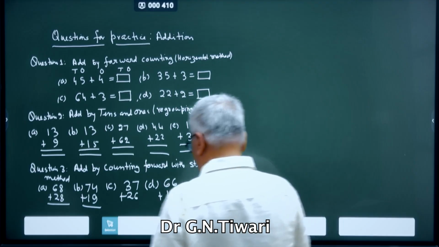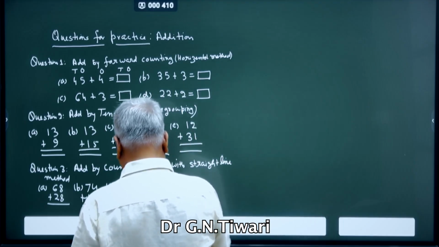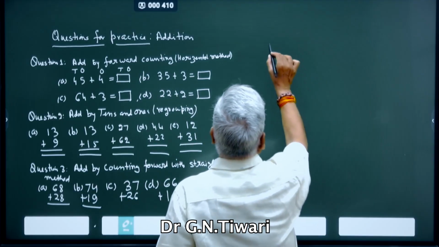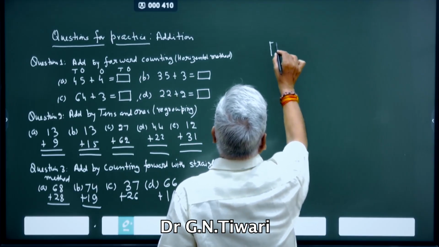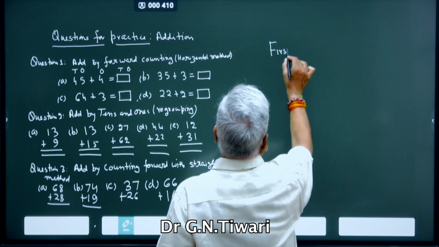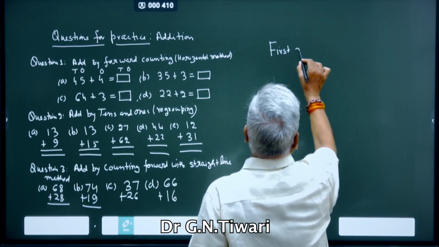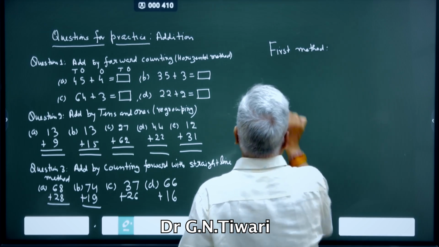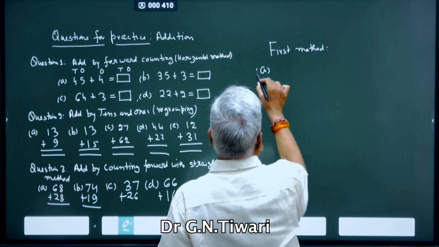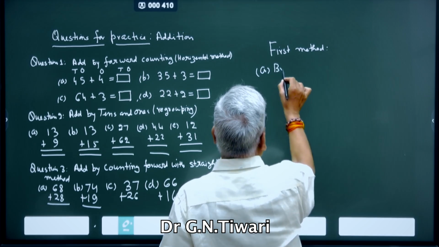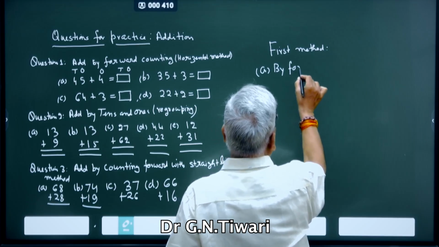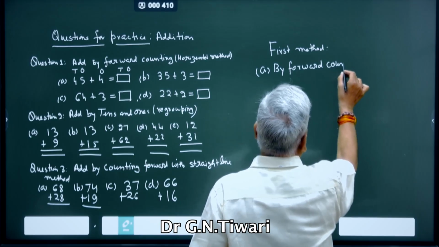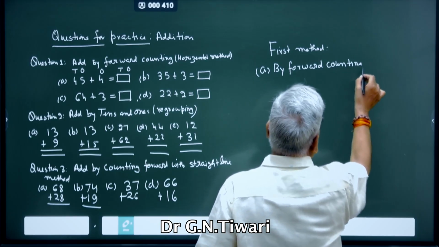First method, note it. A: by forward counting with the square.